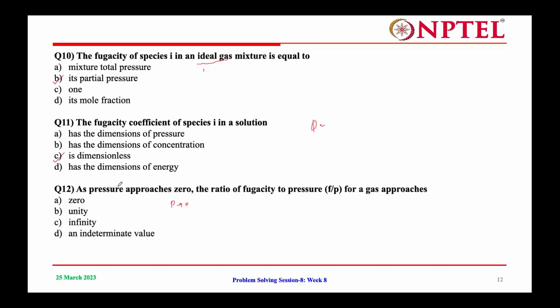This is a limiting condition. This is f for the real gas, P for the ideal gas. So when pressure tends to zero, that means at low pressure, real gases behave like ideal gas. So f by P, I think, tends to 1. Am I right?